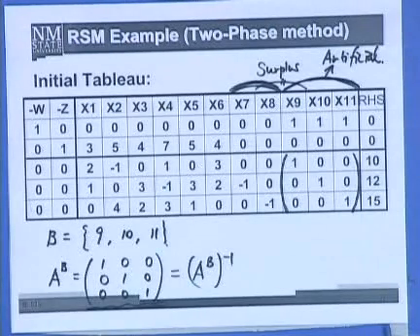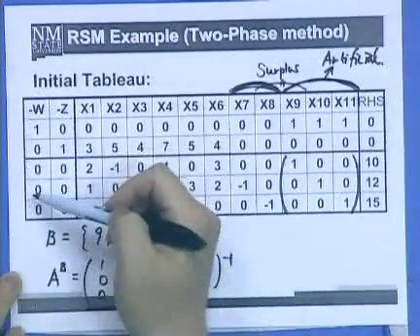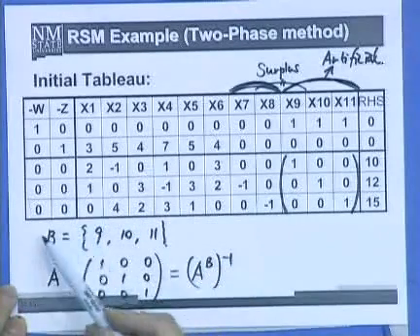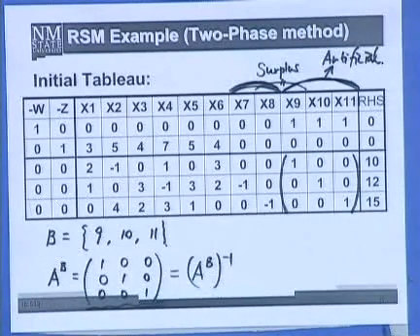Now we are ready to begin the first iteration of phase 1. Because we have initial tableau and basis set and basis inverse matrix, right?